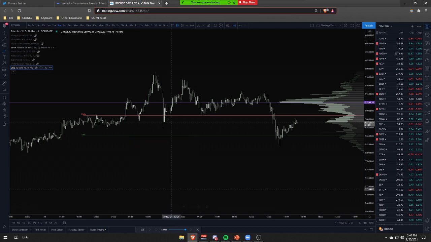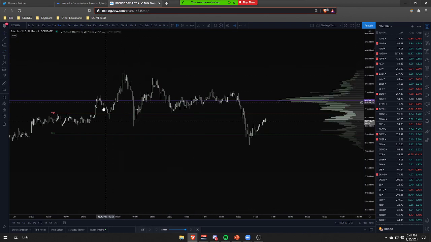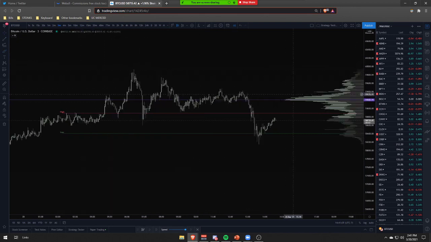But this is just another strategy to use when entering and exiting a play. Of course you're going to look at your possible PTs. You always want to make your possible PTs. You could throw this on, and then this can be your confirmation on when to enter a play.